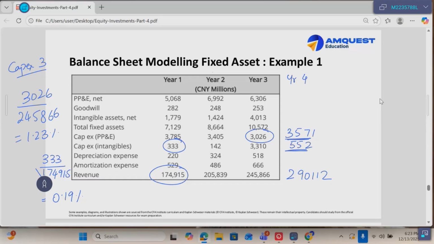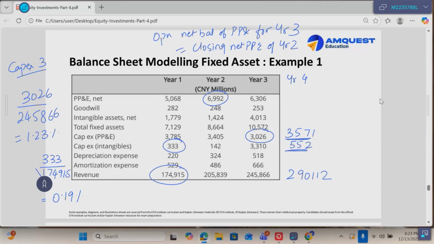So we need opening net asset balance of year 3. Opening net asset balance of year 3 will be closing of year 2. So you can write this note. Opening net balance of PP&E for year 3 is equal to closing net PP&E of year 2.